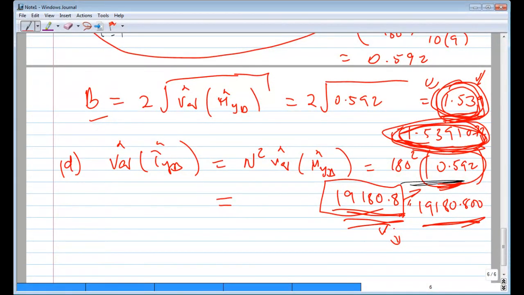But anyway, I'll see it. If it's in 3 decimal places, I will see that this one is different by some few digits. The answer here, if you use this one, is 19,176, the correct answer. And this one is 19,180.800.